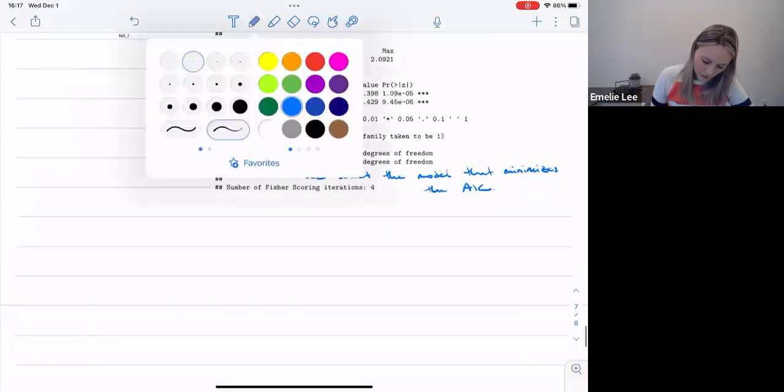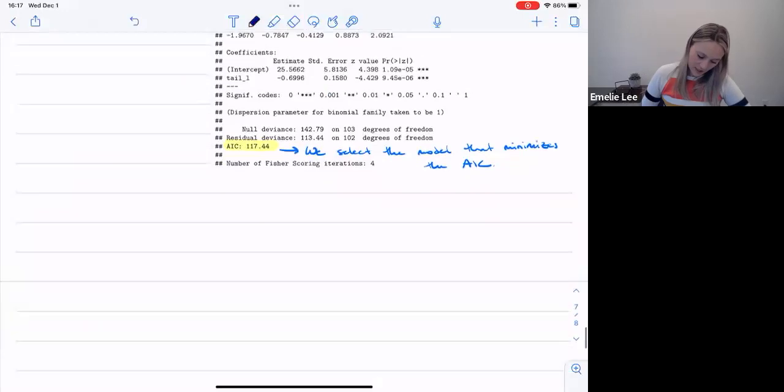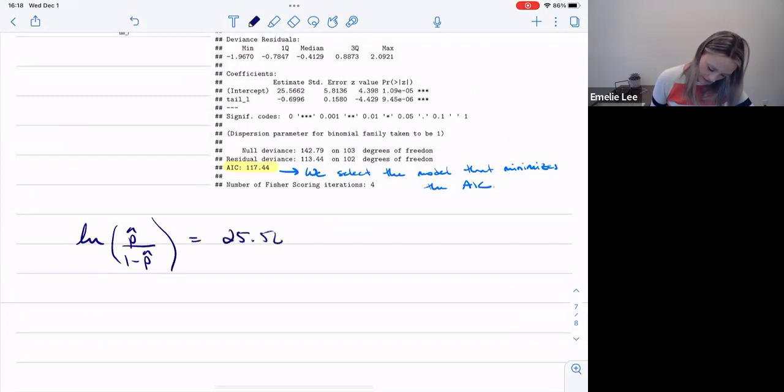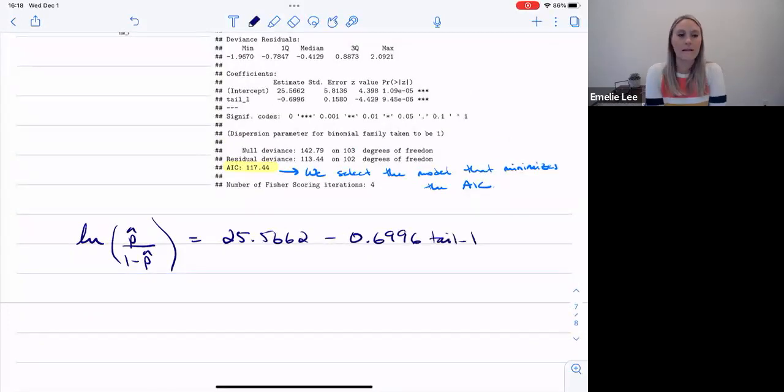Okay? So what this is saying is that the ln of p hat over 1 minus p hat is 25.5662 minus 0.6996 times the tail length. But we want the predicted probability, right?